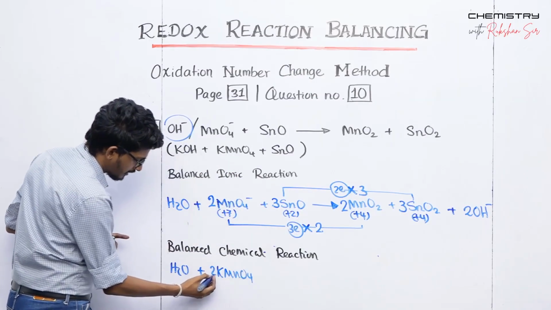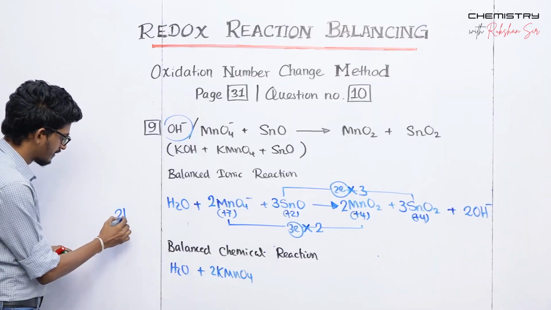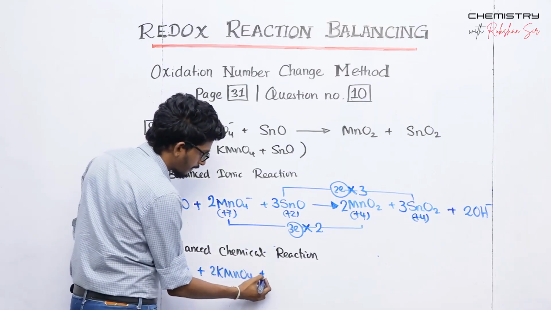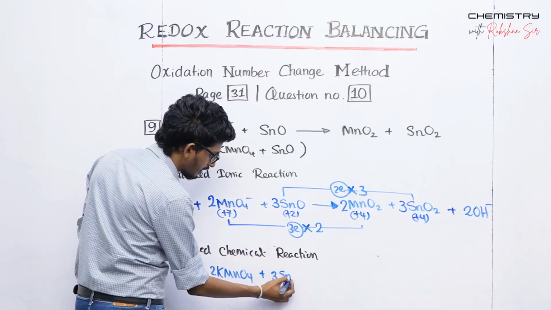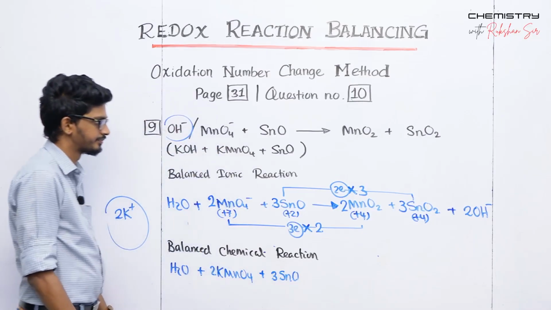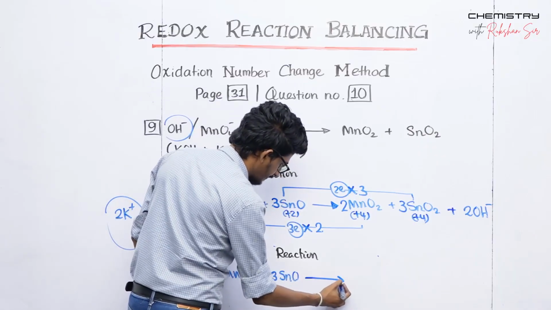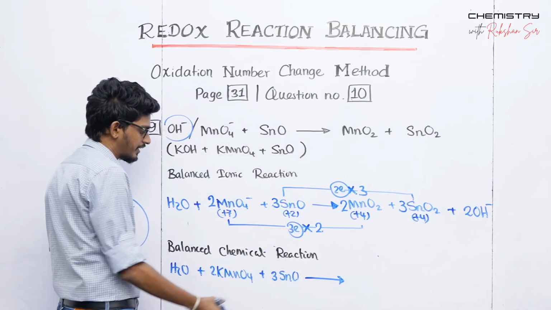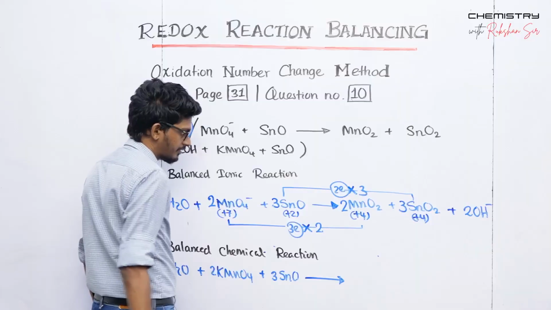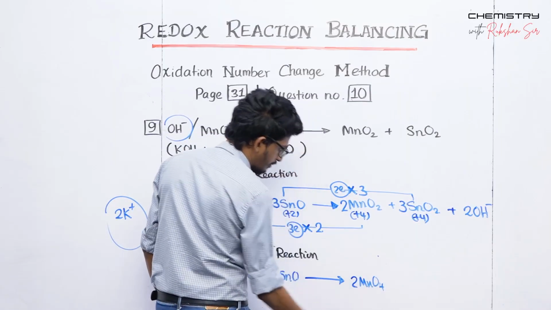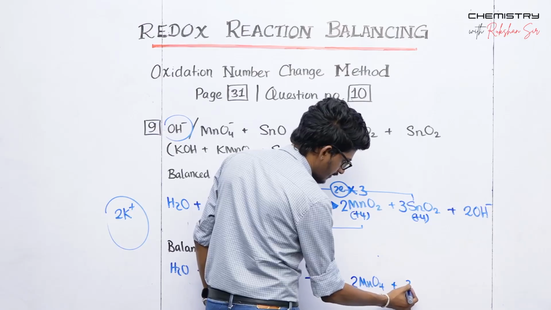You have 2 of such there, so 2 K pluses have been added by hand, right? So 3 of SnO is there, no need of doing any changes because it's an uncharged species. 2 of MnO2, you can write the uncharged species as it is, right?